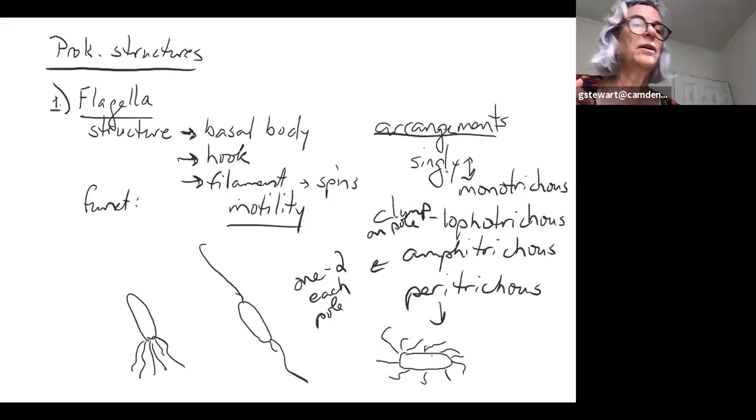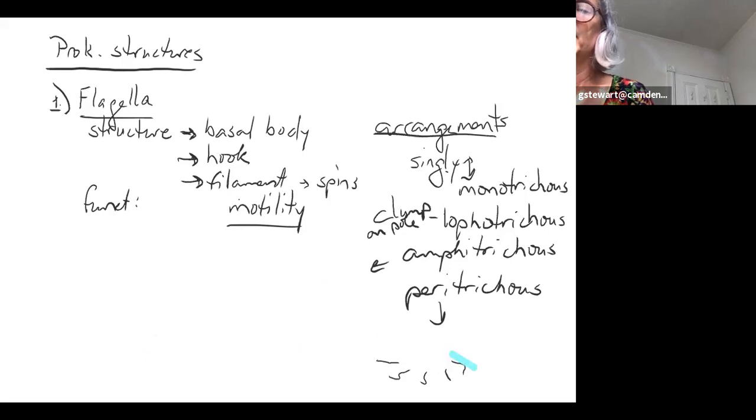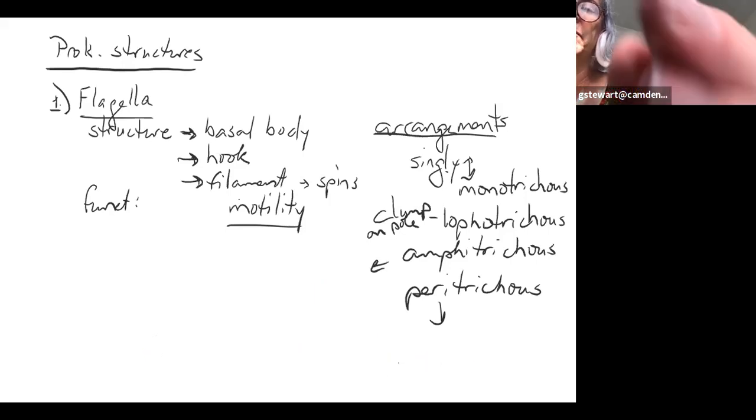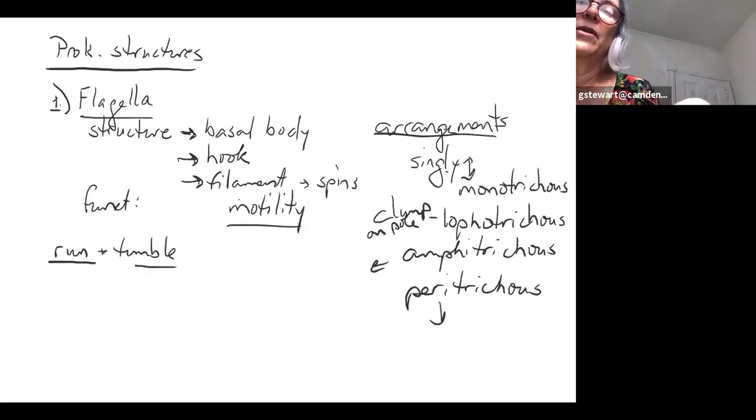Cool things about flagella: when they actually are engaged and the organism is using their flagella, we refer to the motility as a run and tumble. Because if you watch them, and there's probably a video that I can post for this, it looks like it's random movement, that they move in a straight line for a while, and then they kind of flop all over the place, and then they move in another straight line.